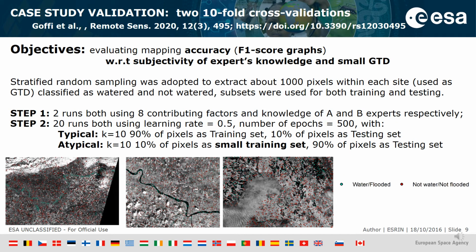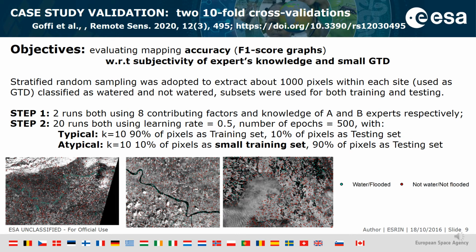Then we designed a validation experiment based on k-fold cross validation, aimed at computing the accuracy in the form of F1 score graphs, to evaluate how robust the approach is with respect to the subjectivity of the expert knowledge and with respect to using small ground truth data.